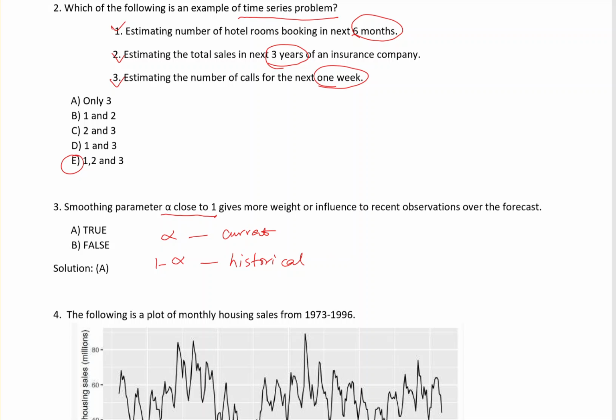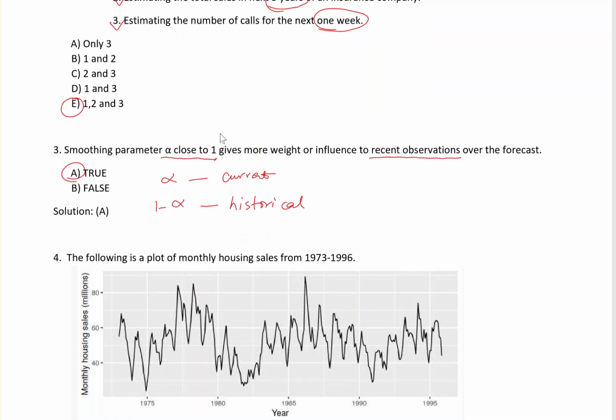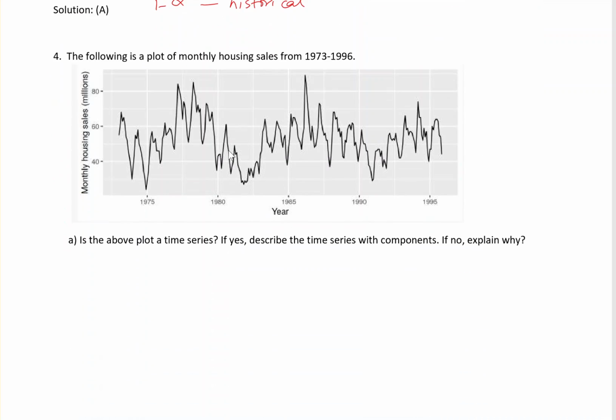So if alpha is close to 1, that means the current value is more important. So alpha close to 1 gives more weight or influence to the recent observations. So this one is true.